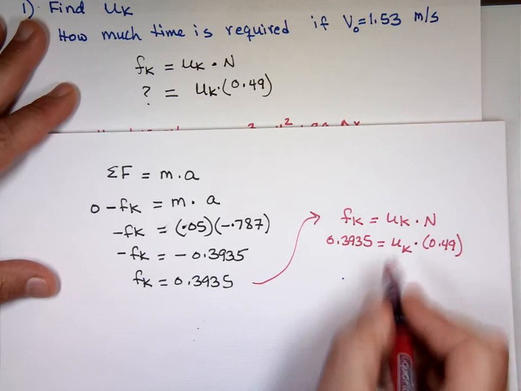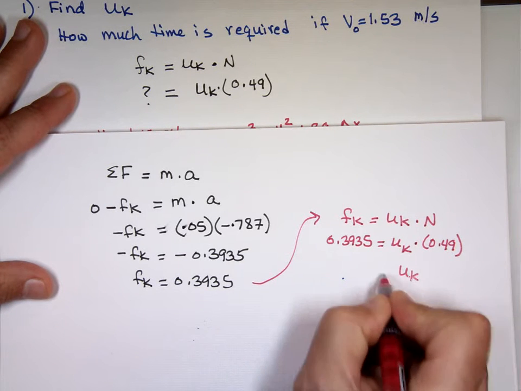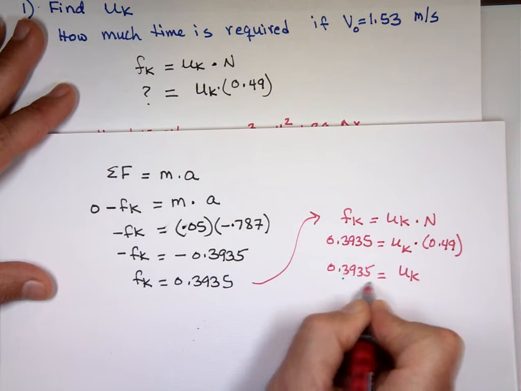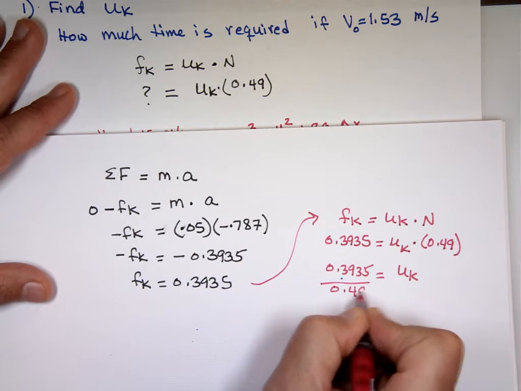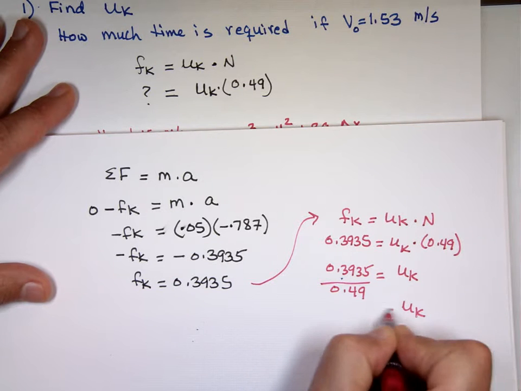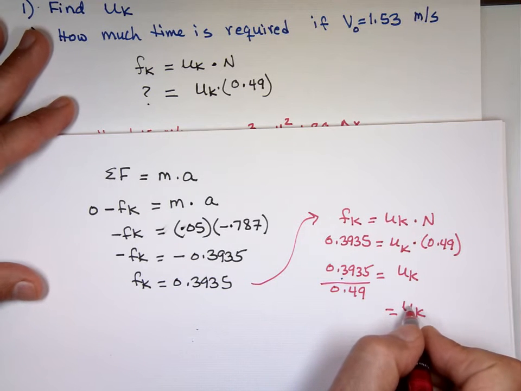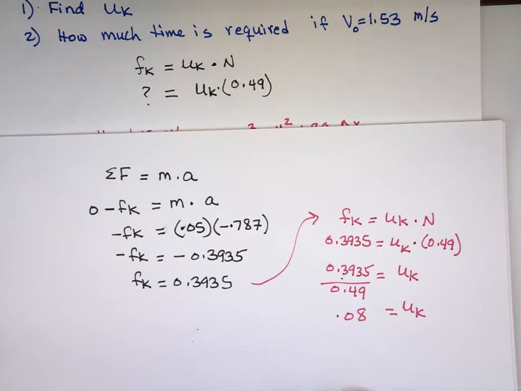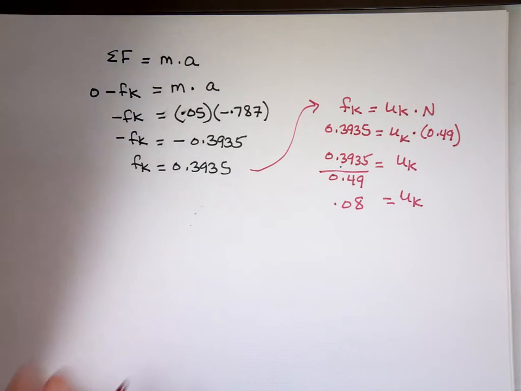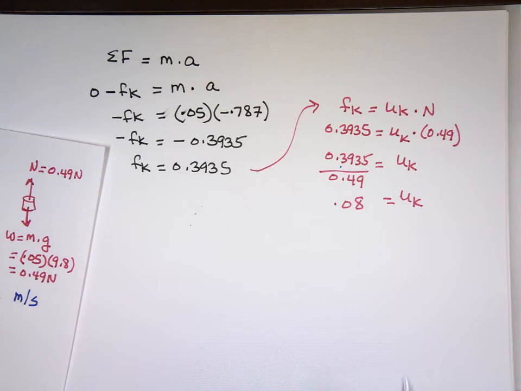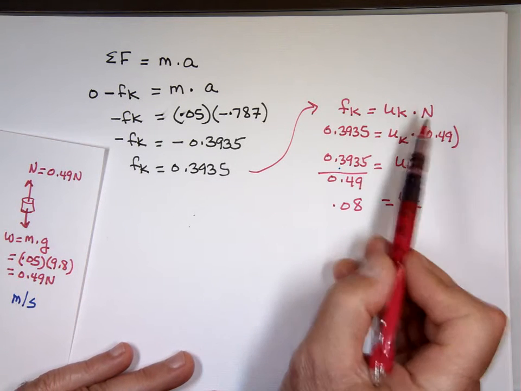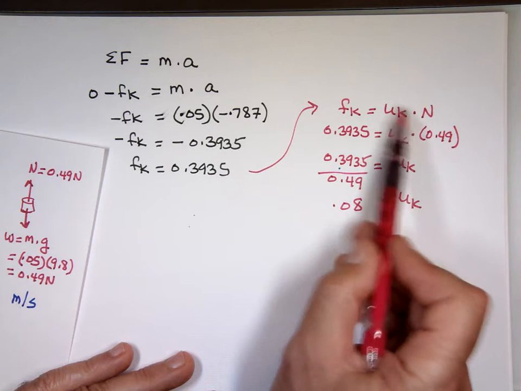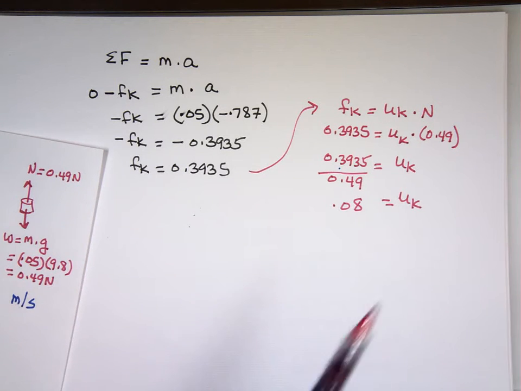We divide them. Mu k will have to be 0.08 here. And mu k does not really have any units. The reason mu does not have any units: this is Newton, that's Newton. The units have to match on both sides. That means mu k has to be unitless. No units for it.